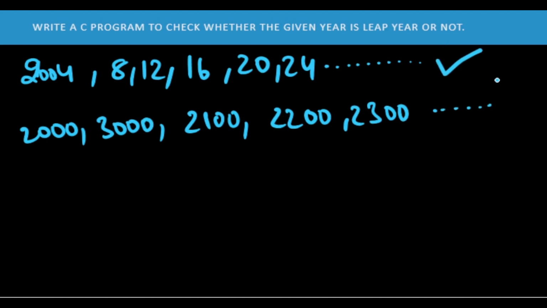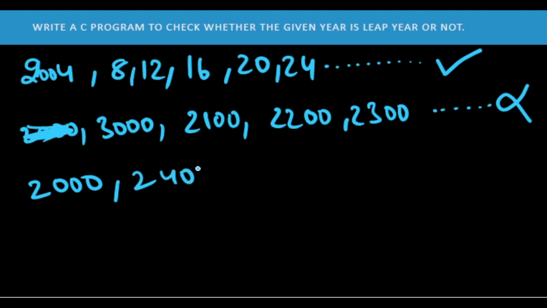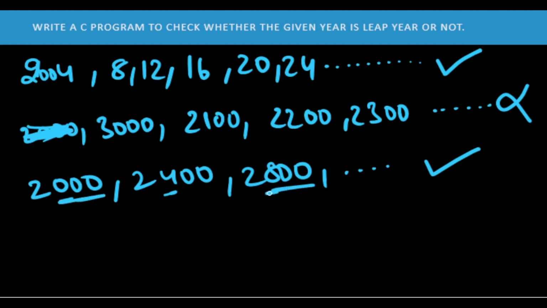All these would be leap years as multiples of 4, but all the multiples of 100 are not leap years. But not 2000, because 2000, 2400, 2800, all these are leap years because they are multiples of 400.